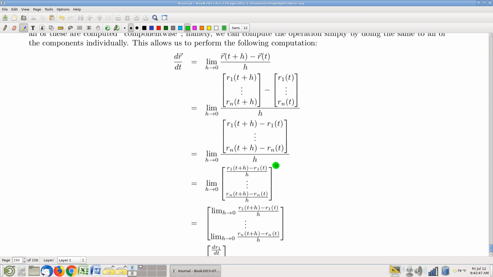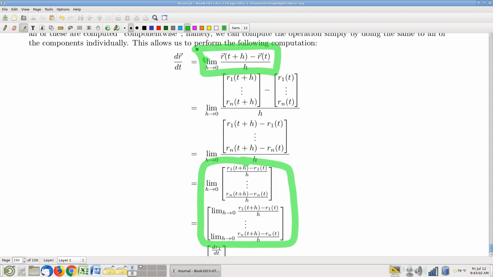How do you take a limit of a vector-valued function? Well, this is something we talked about briefly back in the section on limits, and limits are computed component-wise. All right, so the beautiful thing about this definition right here, that definition has several steps in the process. There's a subtraction and a division and a limit, and all three of those steps are performed one component at a time.